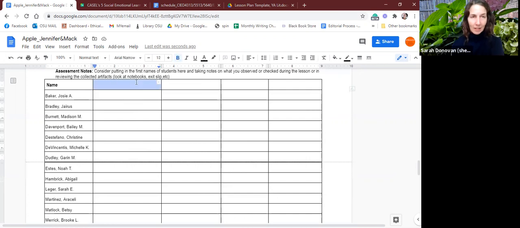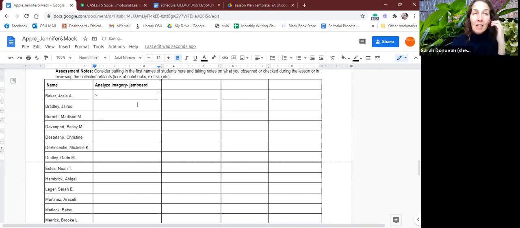And so if the goal is for them to be able to identify imagery or analyze imagery, you might put the goal, analyze imagery. It's on Jamboard. And as everyone's practicing that, you might just put a little check mark in here, or whatever kind of system you want, just with the note that it's done.